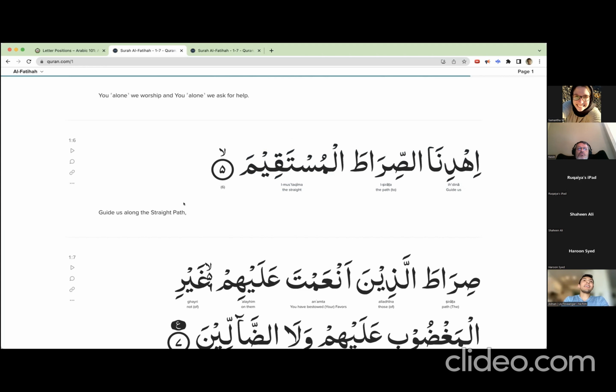When I was looking into it, I saw that it has that seeking aspect, ista, or seeking, qama, like the rectitude, something that seeks rectitude or seeks to be put aright. So it's something that's stable. There's a cloud of meanings that can come with it.